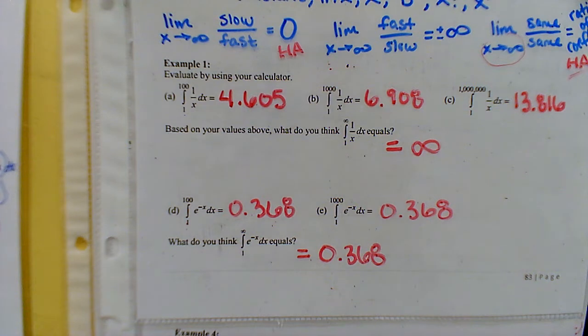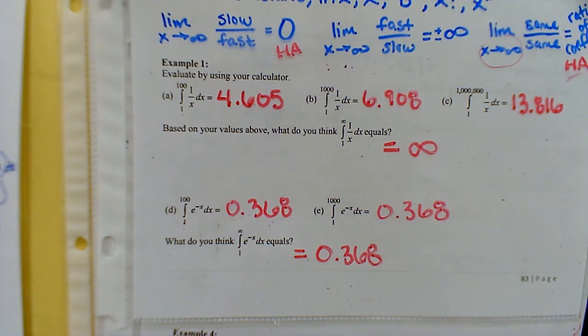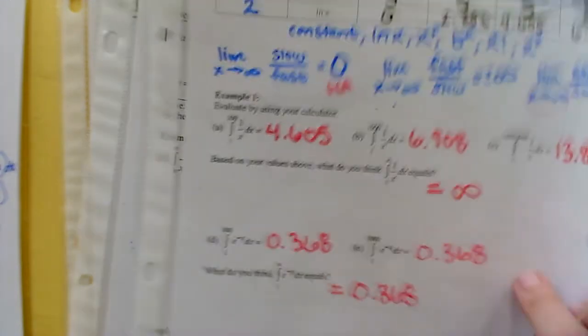So if you keep adding smaller and smaller area, maybe you are approaching some actual number, like this one in this case. Does that make sense? Okay, so we're going to investigate that on the next page.